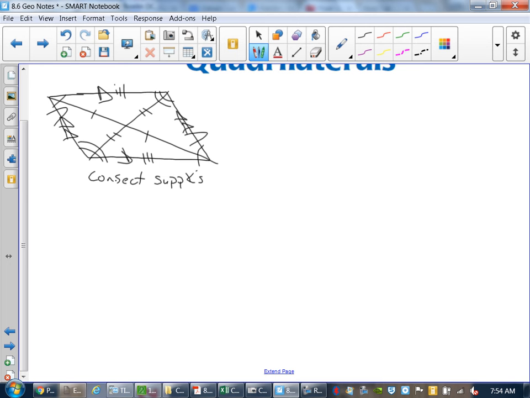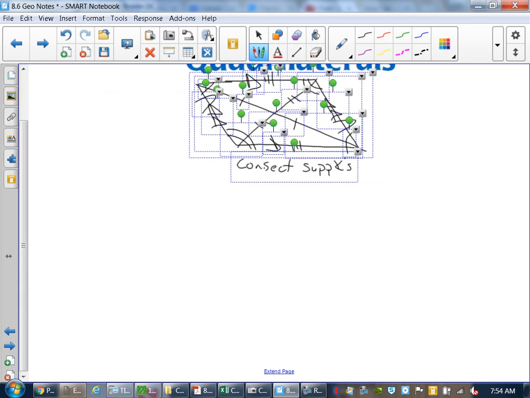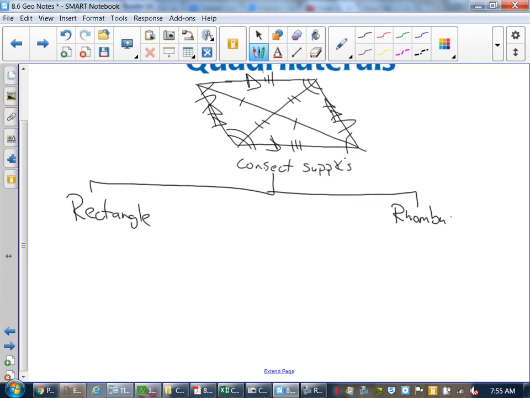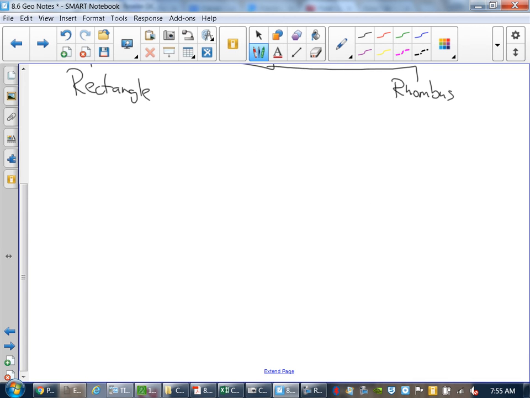After that, the parallelogram branched off into two different shapes. It branched off into the rectangle, and not the square, the rhombus. Now, what makes a rectangle more specific than just a plain old boring parallelogram?